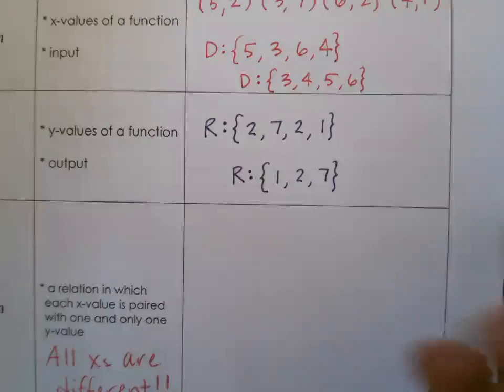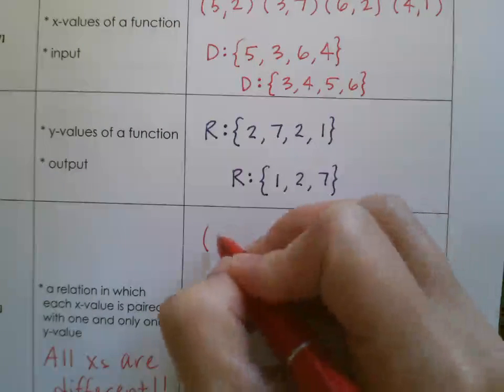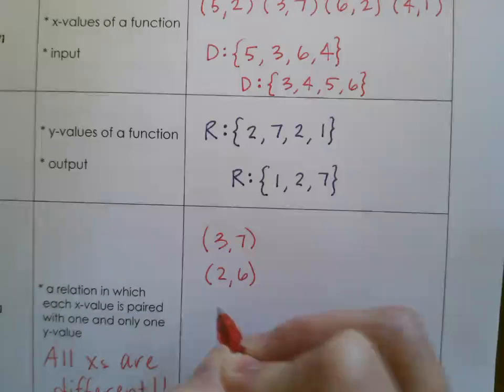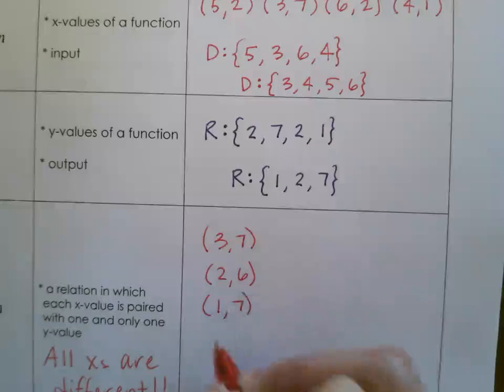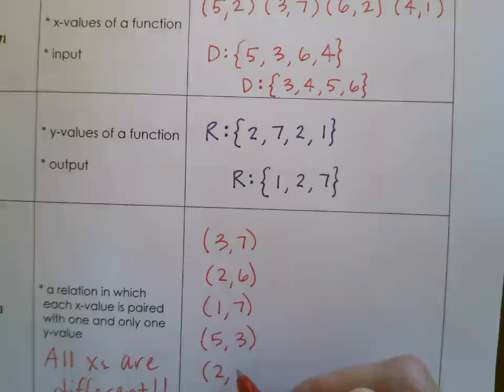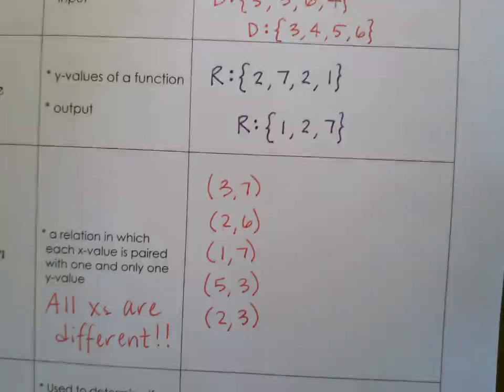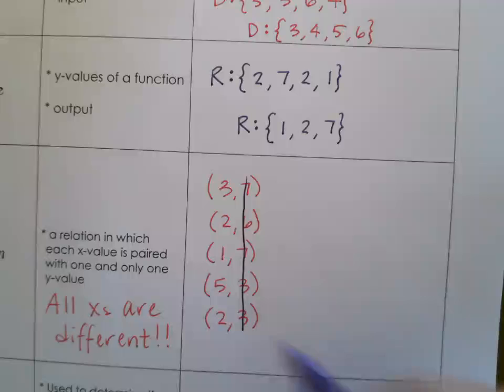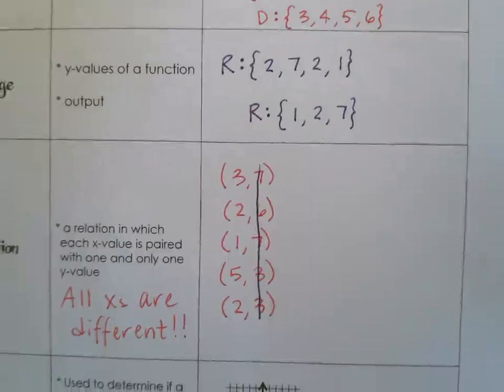All right, so let's say we had 3, 7, 2, 6, 1, 7, 5, 3, and 2, 3. If I look through this, it doesn't even matter what the y values are. I really don't even need to look at those because that doesn't determine a function.